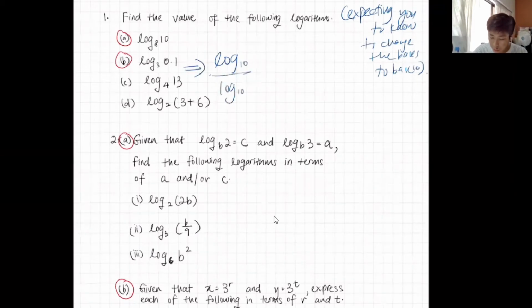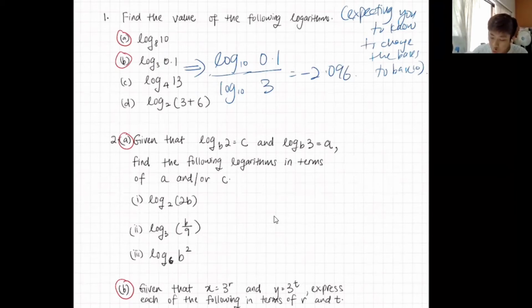Log base 10, what is on the right is 0.1, what is on the left is 3. Okay, this is the right one, this is the left one. Left one go down, right one go to the top. So what you get is log 0.1 divided by log 3. Okay, you get the answer is negative 2.096.